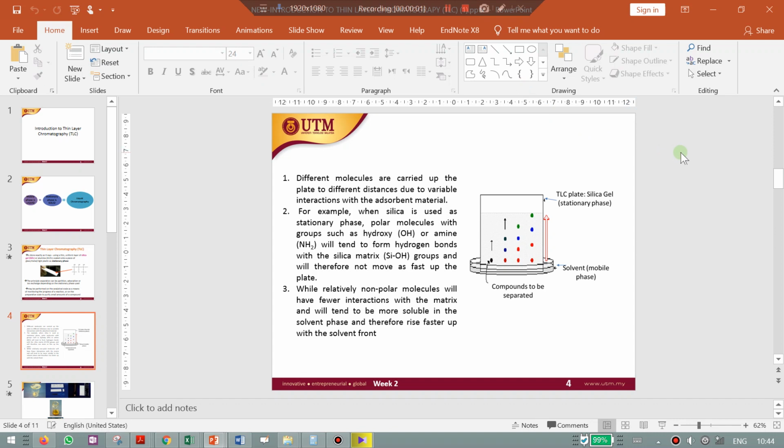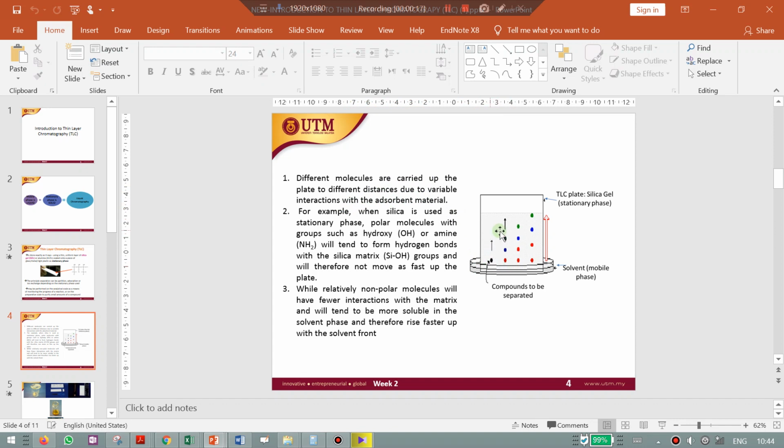Alright, on to the next slide. Different molecules are carried to the plate different distances due to variable interaction with the adsorbent material. Of course, if you have different compounds, they will have different interactions.